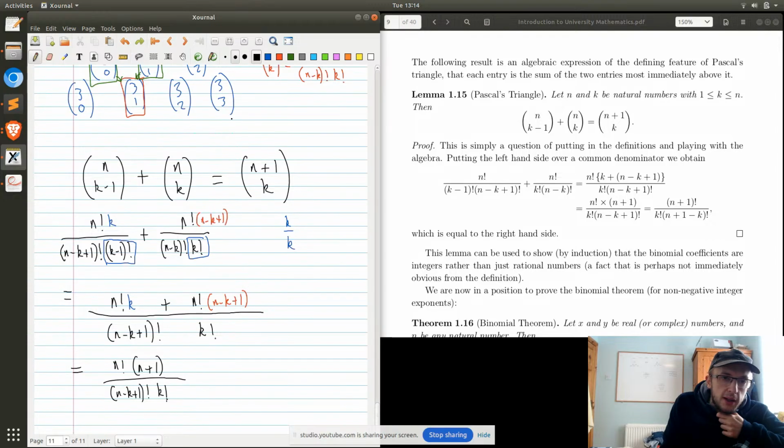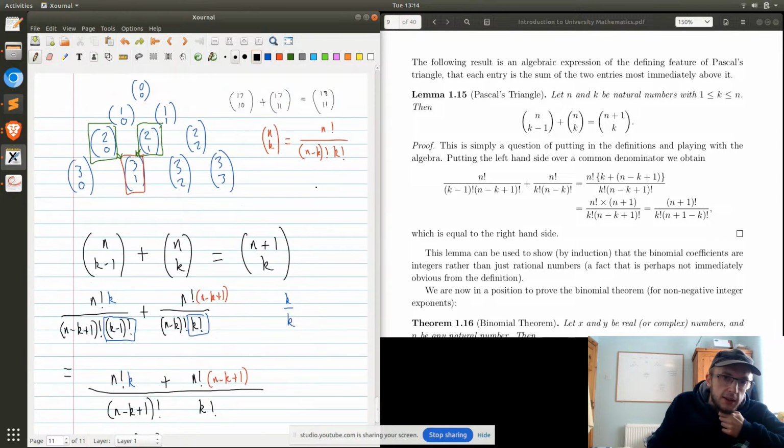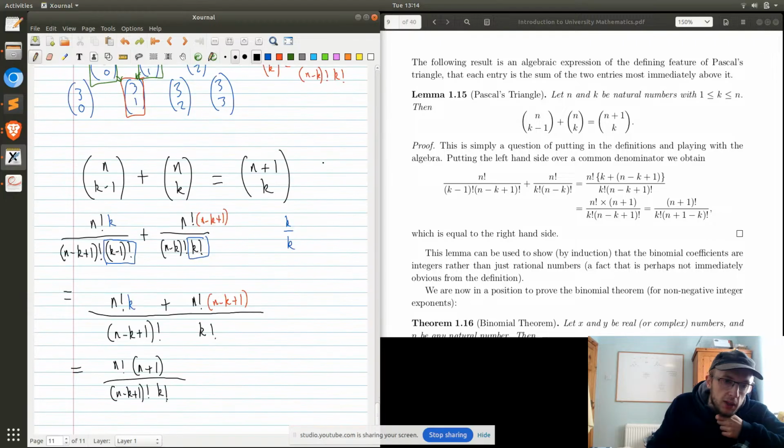Because what is the definition of this? What is the definition of n add 1 choose k? Well, if I look up here, I just need an n plus 1 in that spot up there, and an n plus 1 minus k there, and then I'm good. So I have that. The denominator is perfect.